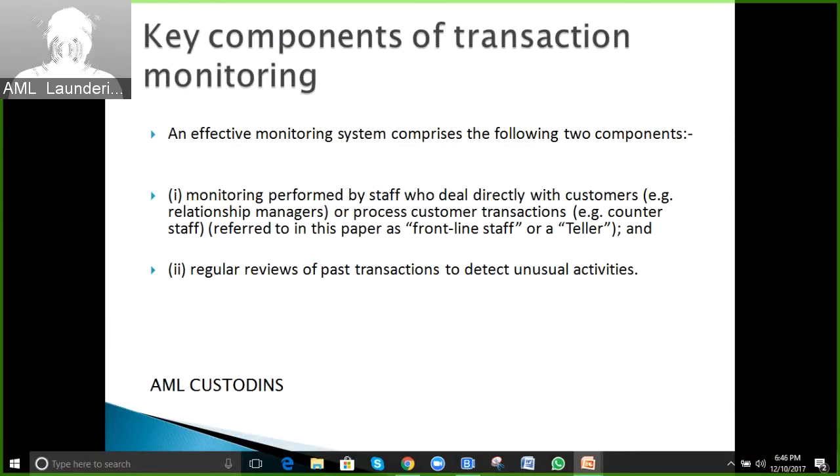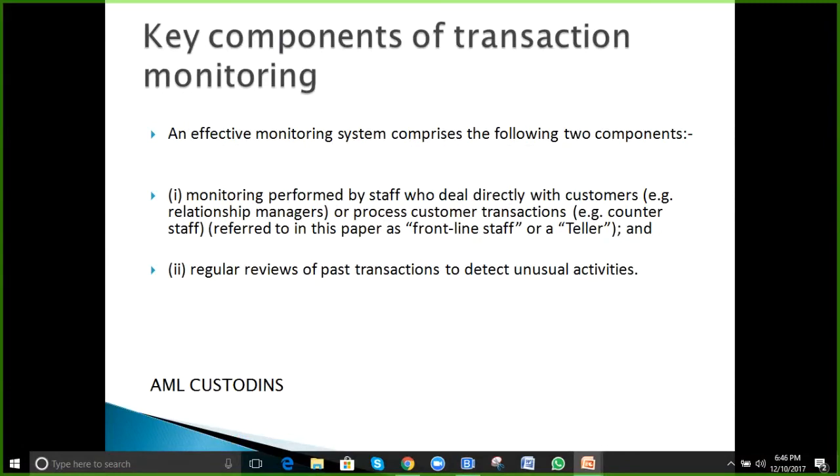Majority of the part they know it. Second, the regular review of past transactions to detect unusual activity, which is the backend team who investigate when an alert comes up. Any queries on this slide?